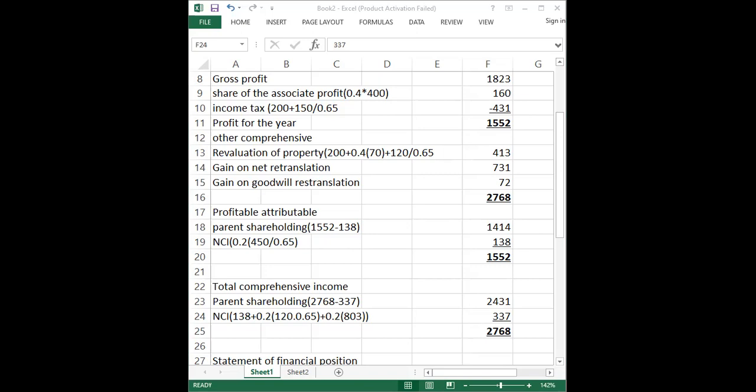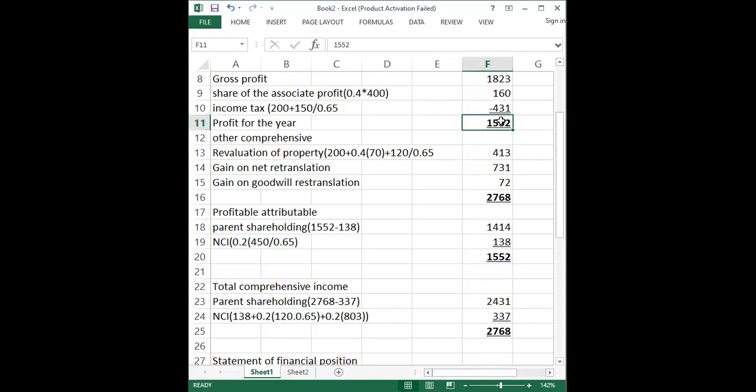So why is it that when we get here, the profit for the year, we don't use the direct sharing of the 20% and the 80%, but we rather go and find the profit for the year for the subsidiary only and take care of it for the NCI, and then we subtract it from the total profit here before we get the parent share?